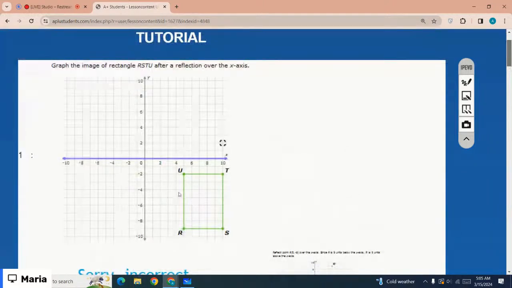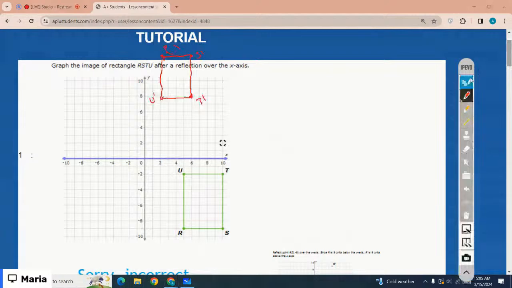R is 9 units down below the x-axis, so you have to move R 9 unit up the x-axis, right? Here is 9 unit down, you have to move 9 unit up, like this, right? Then same with the S is 9 unit below the x-axis, you have to move 9 unit up.